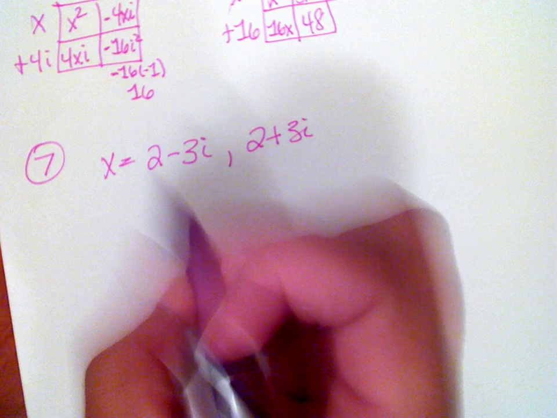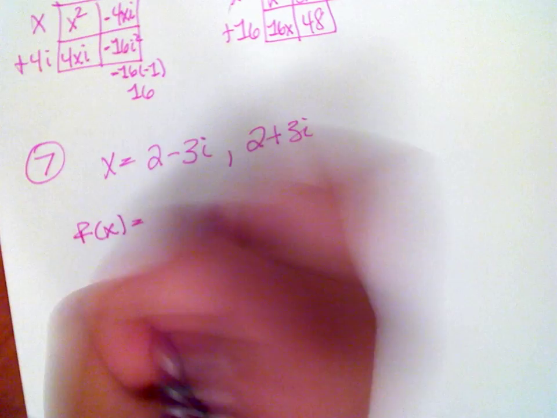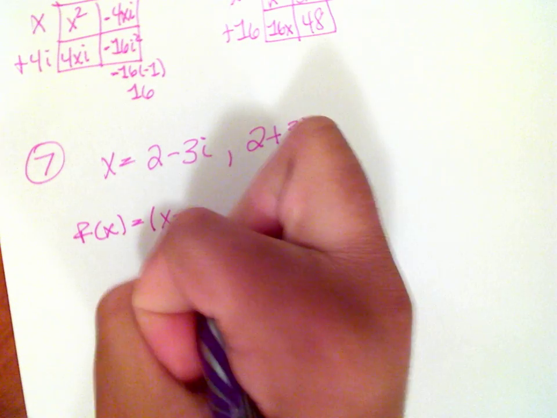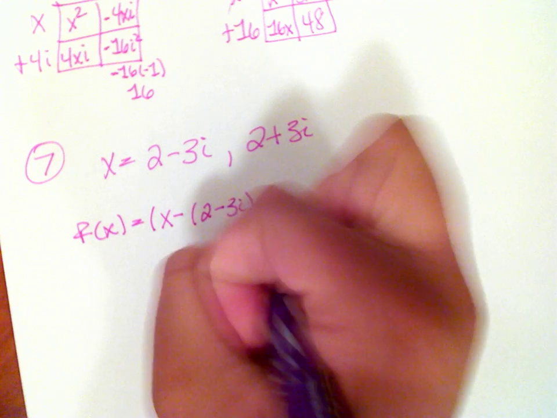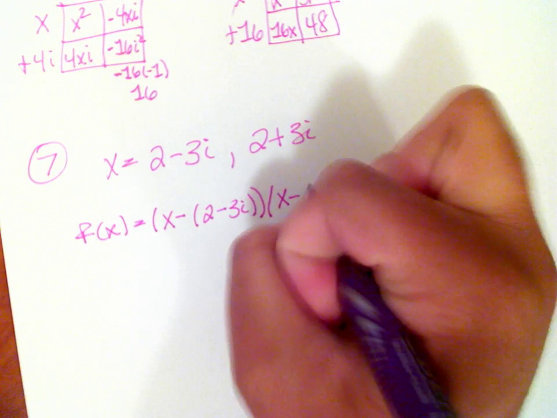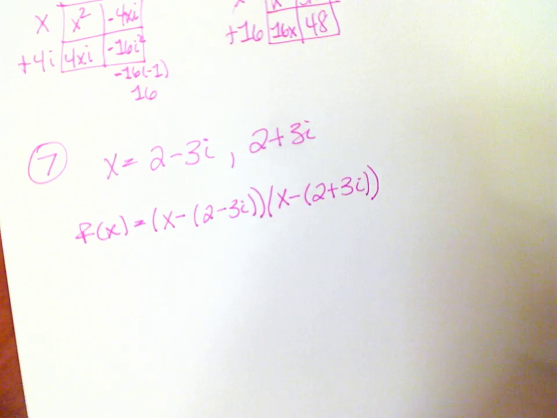To write them as factors, we would have x minus the quantity 2 minus 3i and x minus the quantity 2 plus 3i. Remember, it's always x minus the root.